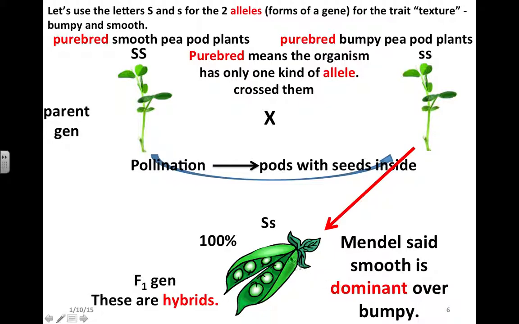And in this case, smooth is dominant over bumpy. Why? Because when he planted the seeds that were produced by the union of these two, and he let the plants grow up and produce their own seeds, all of them looked smooth. So smooth had to be dominant over bumpy, but all of them have a bumpy allele in them.